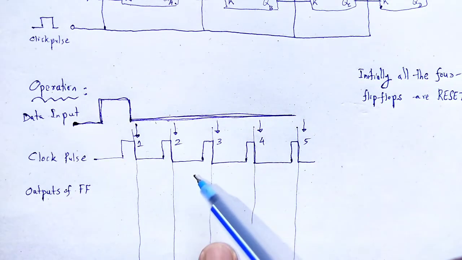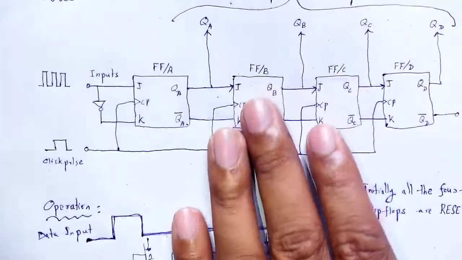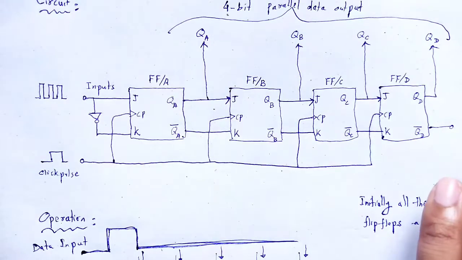Therefore all the outputs in the initial condition, QA to QD, we obtain 0 0 0 0.